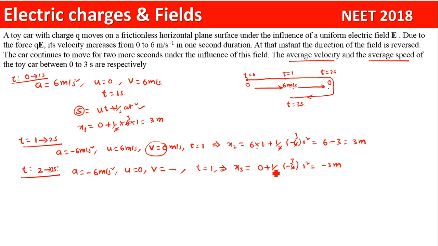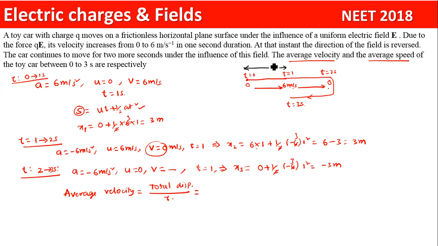Understand? Now I would like to find out average velocity first. Average velocity formula is basically total displacement divided by the total time taken, or the duration. So what is the total displacement? Let me change the color of the pen so that it will be more visible.